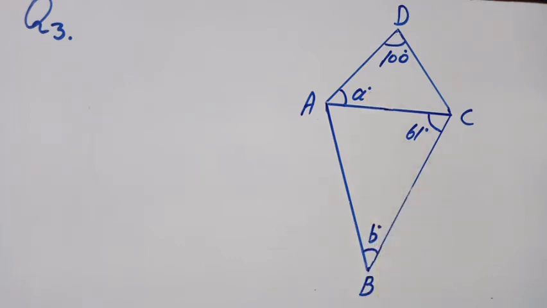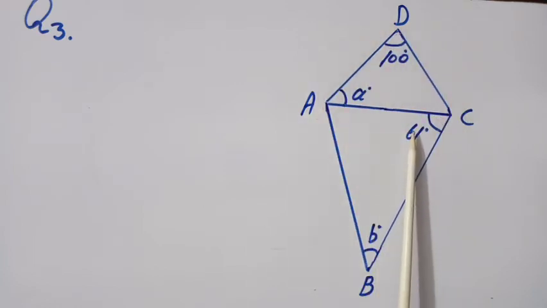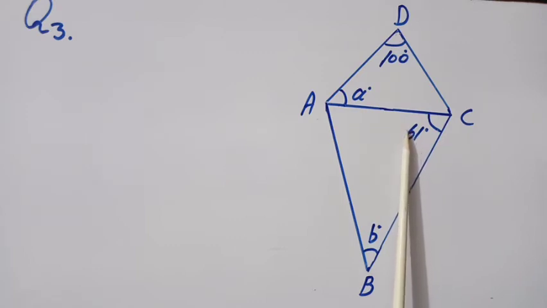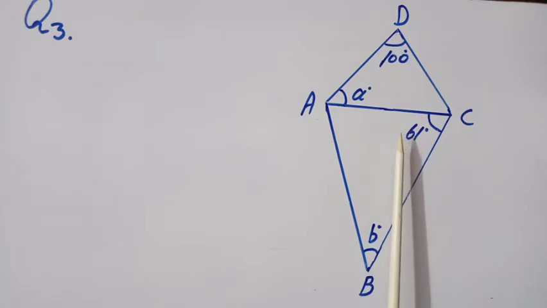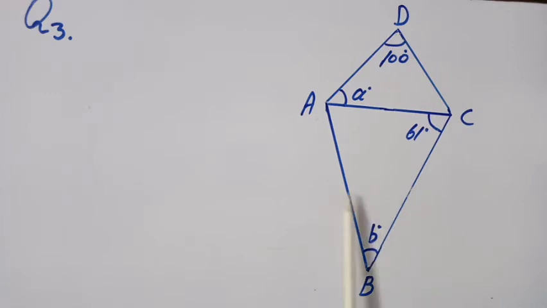You know, in the kite, if we draw the diagonal this way, then the upper triangle is, yes, what type of triangle? Isosceles triangle. Why isosceles triangle? Because these two sides are equal in measurement with one another. In the same way, the lower triangle is also an isosceles triangle.